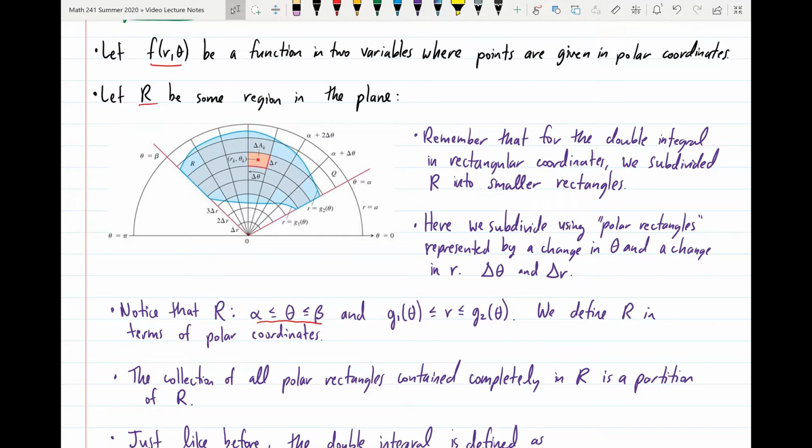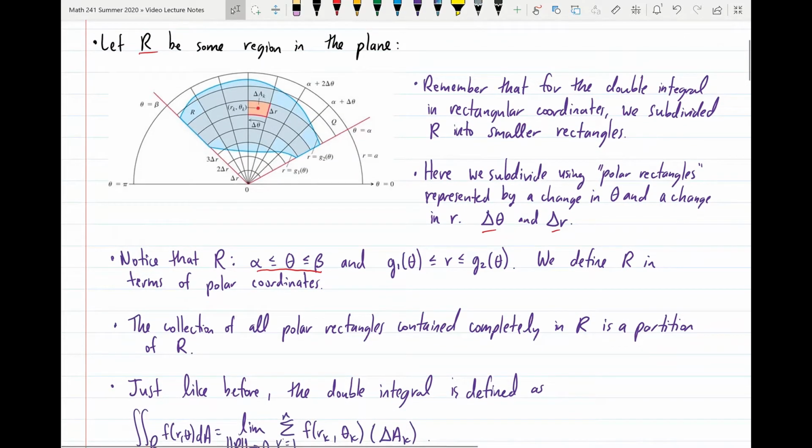And each of those polar rectangles is represented by a change in theta and a change in r, which we call delta theta and delta r. So you can look up to the polar rectangle that they have highlighted in red in the diagram, and you can see that we can kind of think of the width, if you will, of the polar rectangle as delta theta, and the height of the rectangle, again, if you will, not exactly, as delta r here.